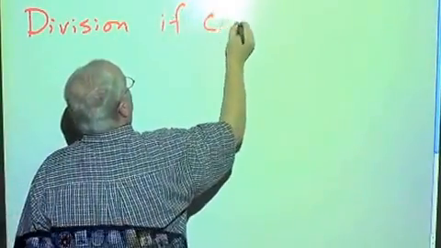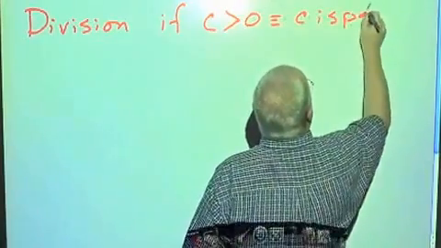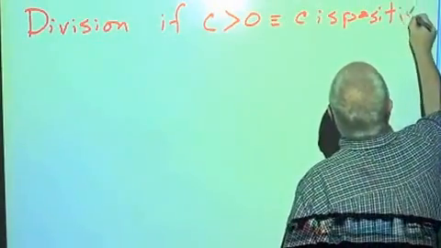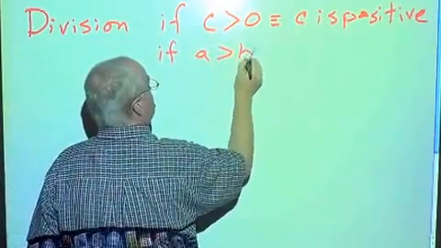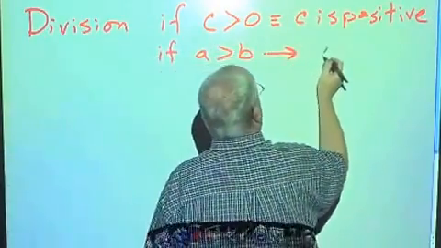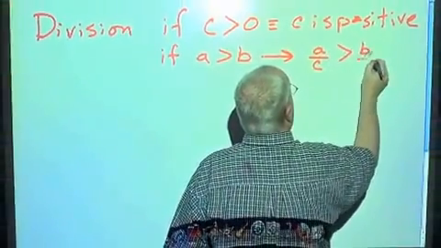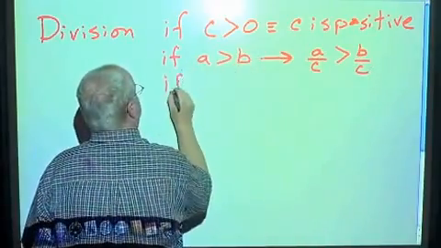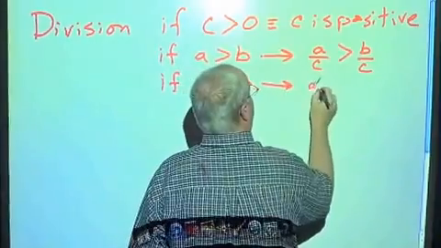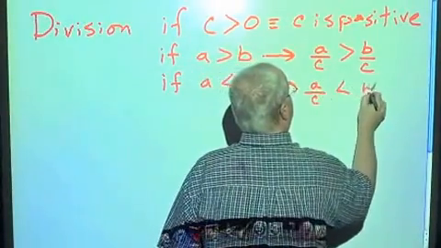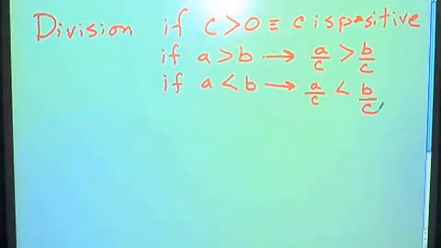If C is greater than 0, C is positive, and if A is greater than B, then it follows that A divided by C is going to be greater than B divided by C. And if A is less than B, then it's going to follow that A divided by C is less than B divided by C. Okay? That's great.